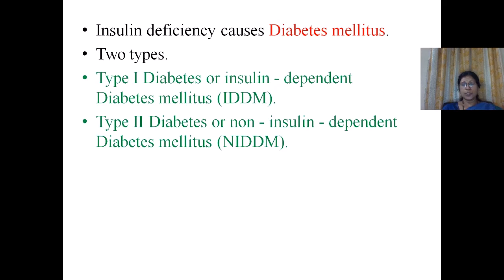Due to consumption of more carbohydrates, the glucose levels are increased, so in order to control the glucose levels, more insulin synthesis occurs, but there is a decrease in the number of insulin receptors. So in this condition, the treatment is only to control the diet, reduce weight and do physical exercise.